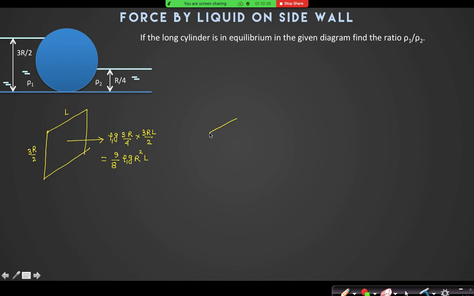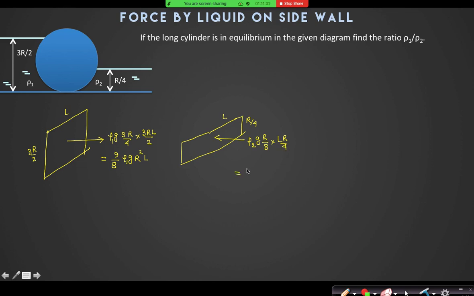And for this smaller section on the right side, the force by the liquid is in this direction. This is r by 4 and this is L. So it is rho 2 g r by 8 multiplied with L r by 4.